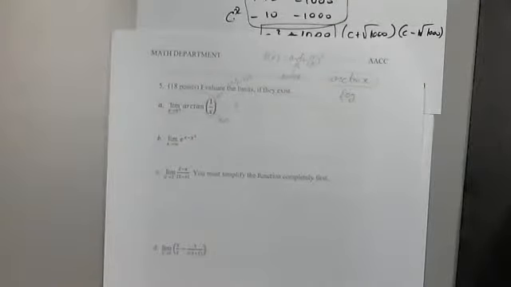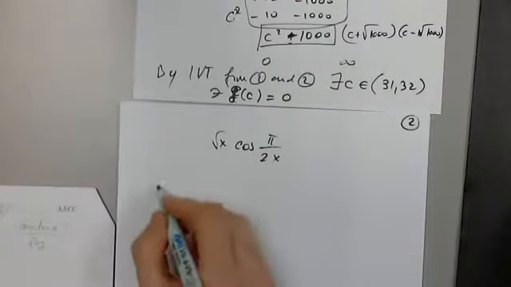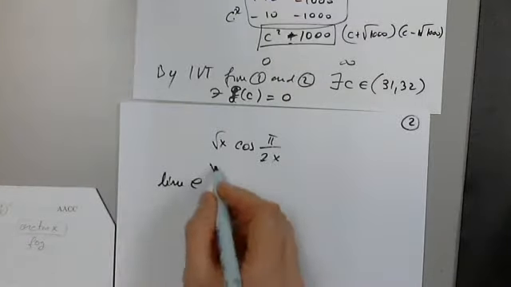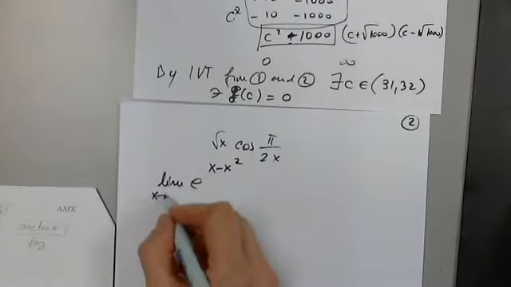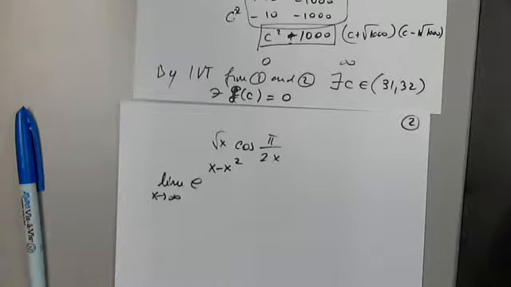Okay, are we continuing with the second one, part B? Any suggestions on part B? How do we address this limit? Limit of e to the x minus x squared when x approaches infinity. Any suggestions?